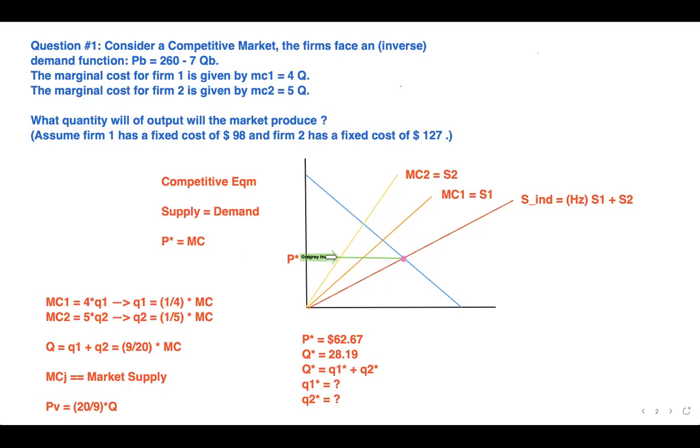So I don't put the price in the MC1, MC2. Well, you said before you just replace marginal cost with price, and I don't know what you meant by that. But if what you meant is that I have this equilibrium price of $62 and I use it for each one of these, setting the marginal cost equal to the equilibrium price and then solving for Q, then yes.